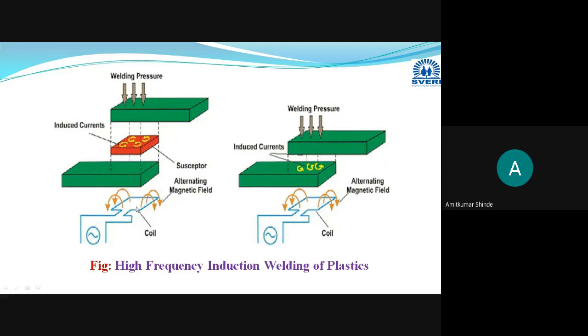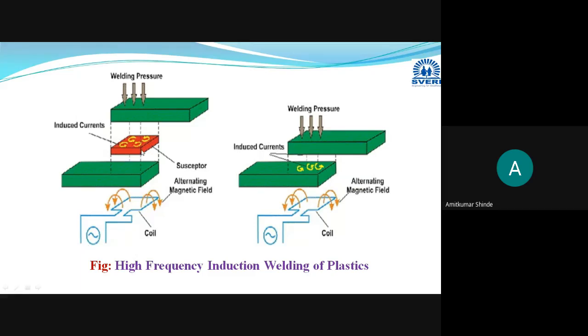When this magnetic field comes in contact with the metal component, known as the susceptor or insert, it gets heated due to the generation of eddy currents. They pass layer by layer, surface by surface, heating the metal insert. The susceptor is nothing but a metal piece which acquires heat from the inductor coil.